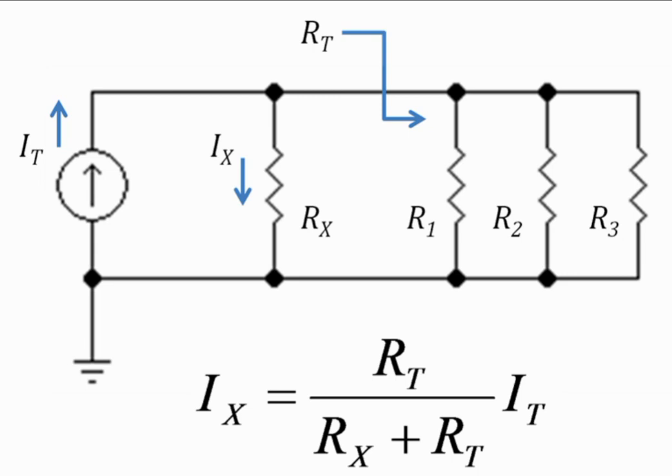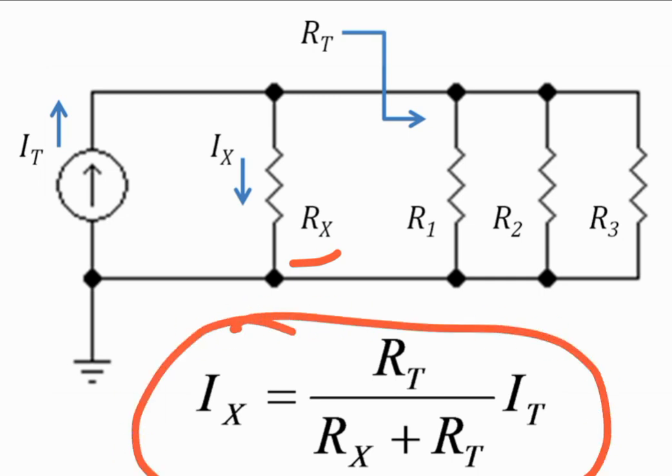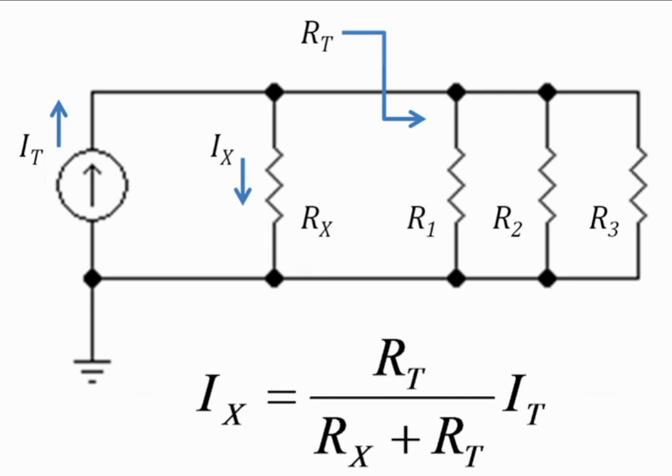So let's suppose we are asked to calculate the current flowing through Rx. Then we can apply the current division rule, or current division formula, which is shown right here. To calculate the current flowing through Rx, which is Ix, first we have to calculate the total equivalent resistance of the network other than this resistor.